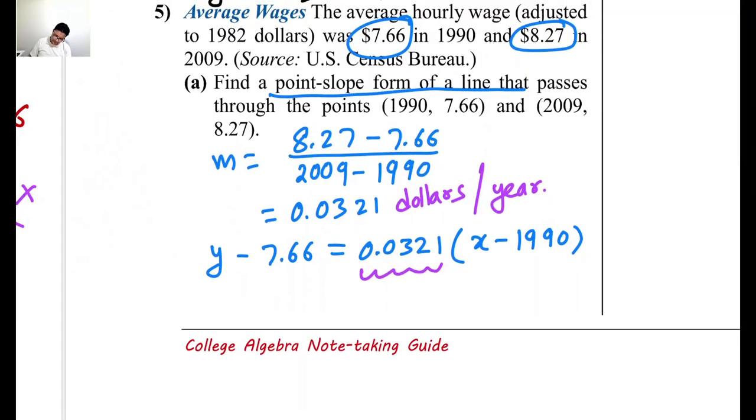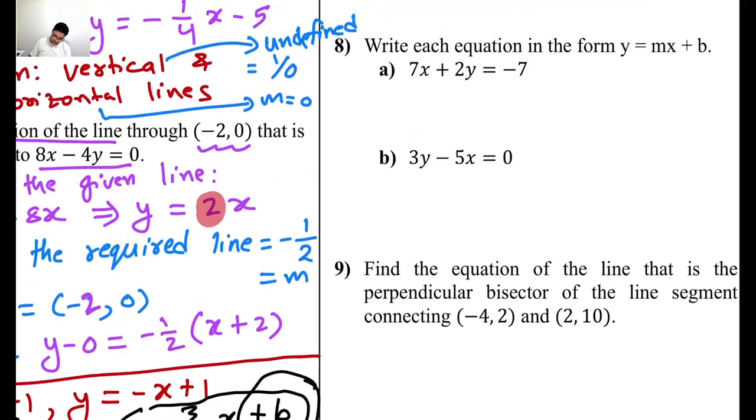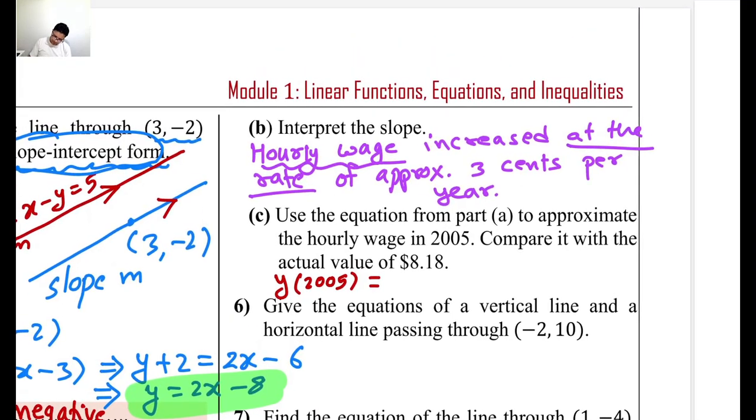y minus 7.66, right? So y will be 7.66 plus 0.0321 times x, in this case x is 2005 minus 1990.